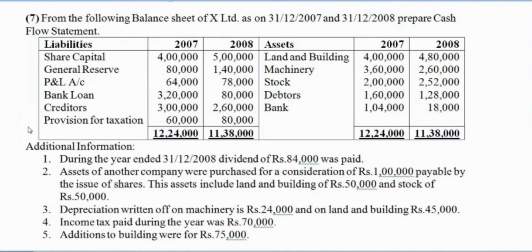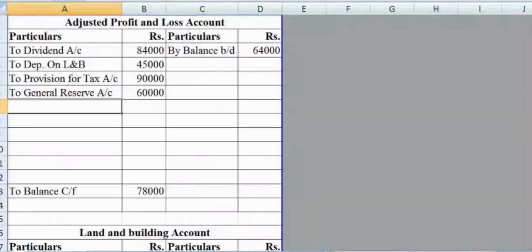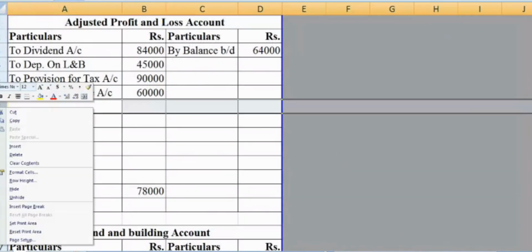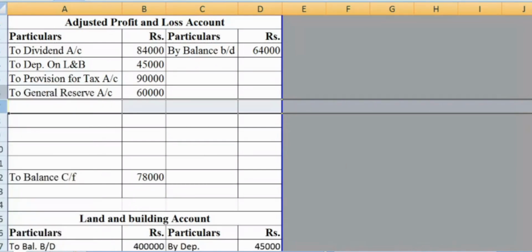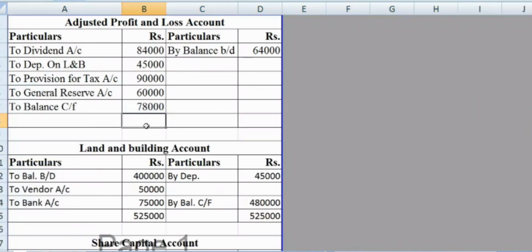Okay. Next, profit and loss account we prepare. Bank loan is decreased, so it is shown as redemption in the cash flow statement. Creditor is current and provision for taxation we prepared the account. No point remains now. So let's close this account. What happened?